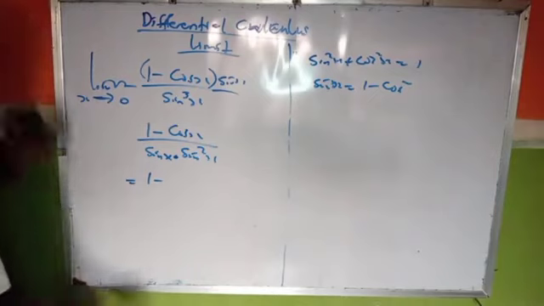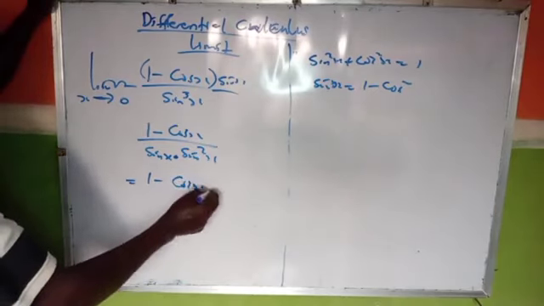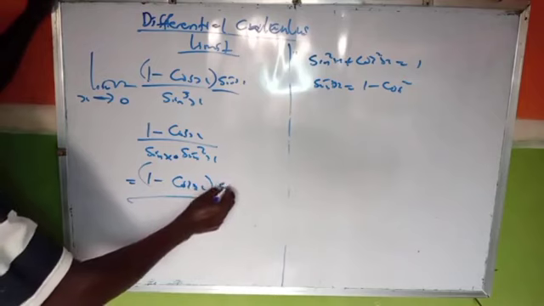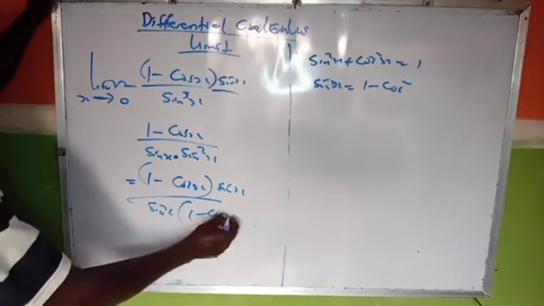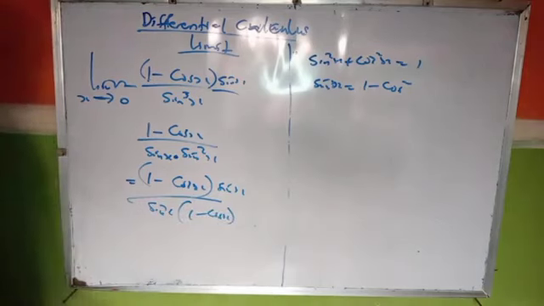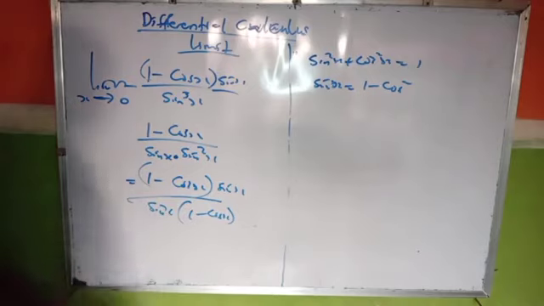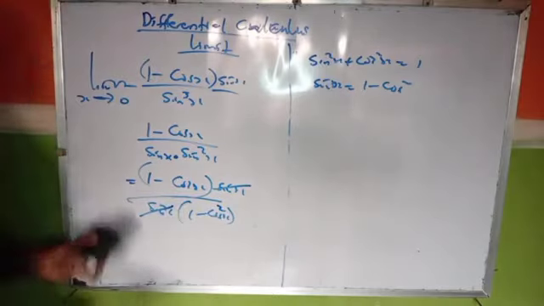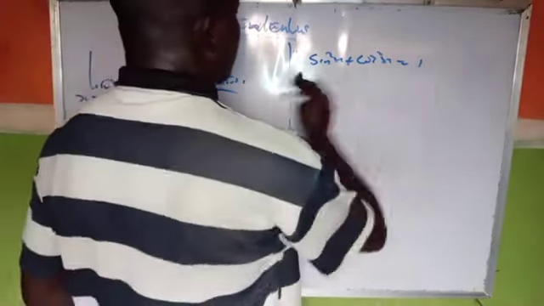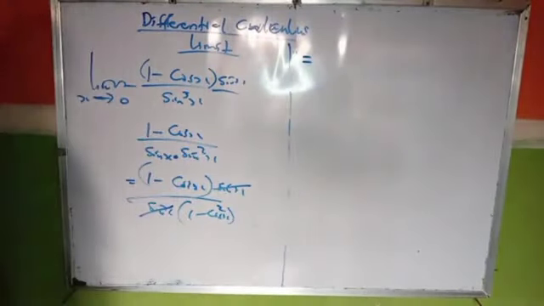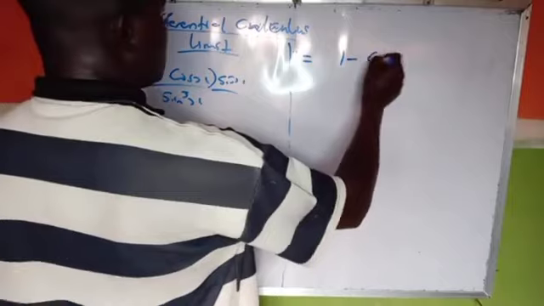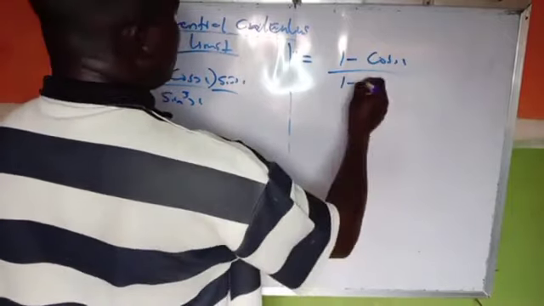You can substitute here, so what you now have is 1 minus cos x over 1 minus cos square x.